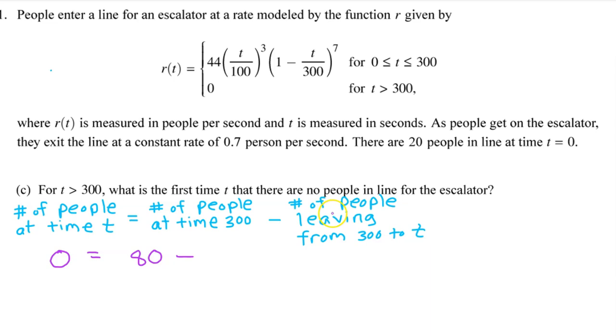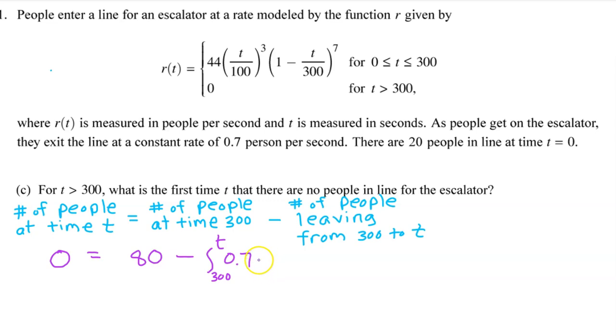We know that the integral of a rate is the change in the amount. So if we take the integral of the rate at which people leave, the setup tells us that people leave the line at a constant rate of 0.7. So if we take the integral of 0.7 from 300 to t, that should give us the number of people who leave the line from 300 to t.